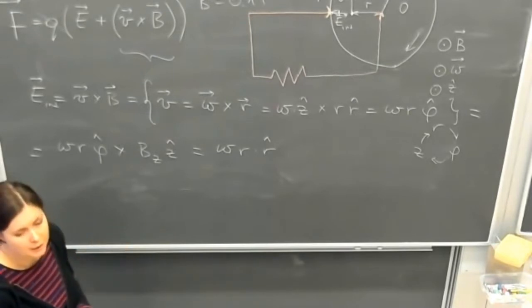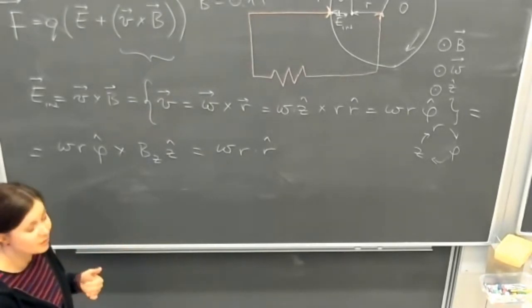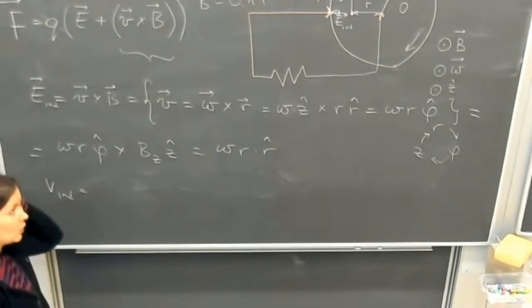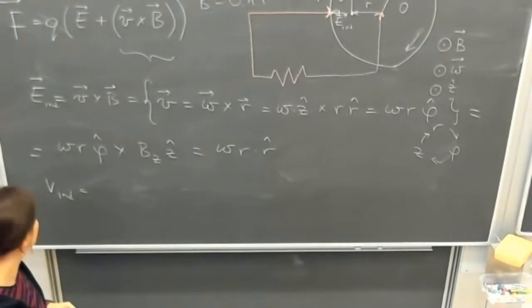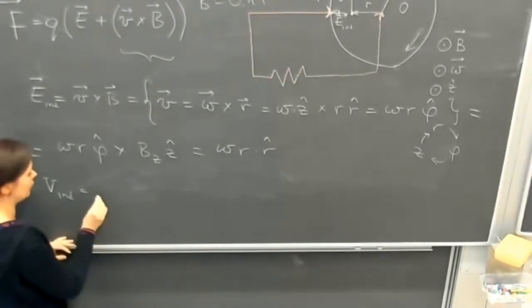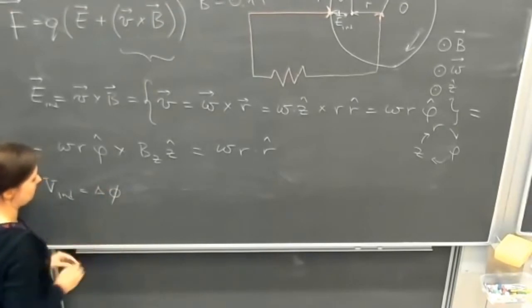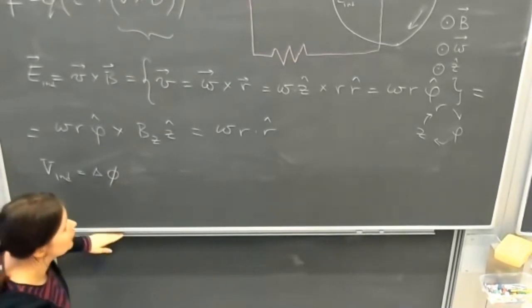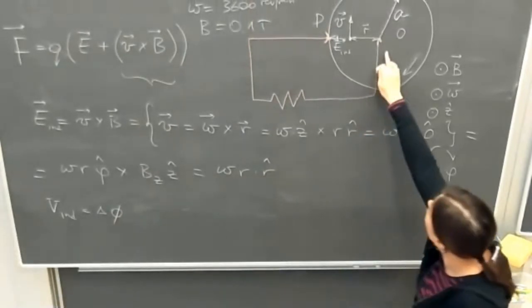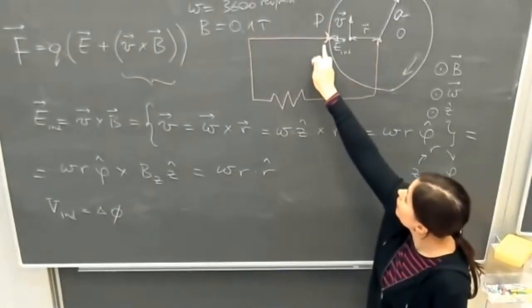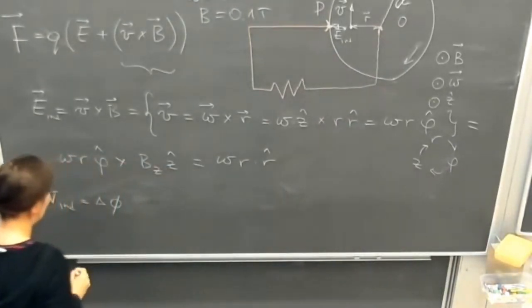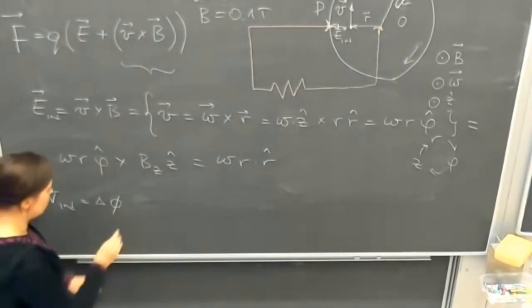And the induced voltage, in other words, is a difference of potential. So instead of calculating the flux over the area, it can be found as a difference of potential between point O and point P. So what is the difference of potential?